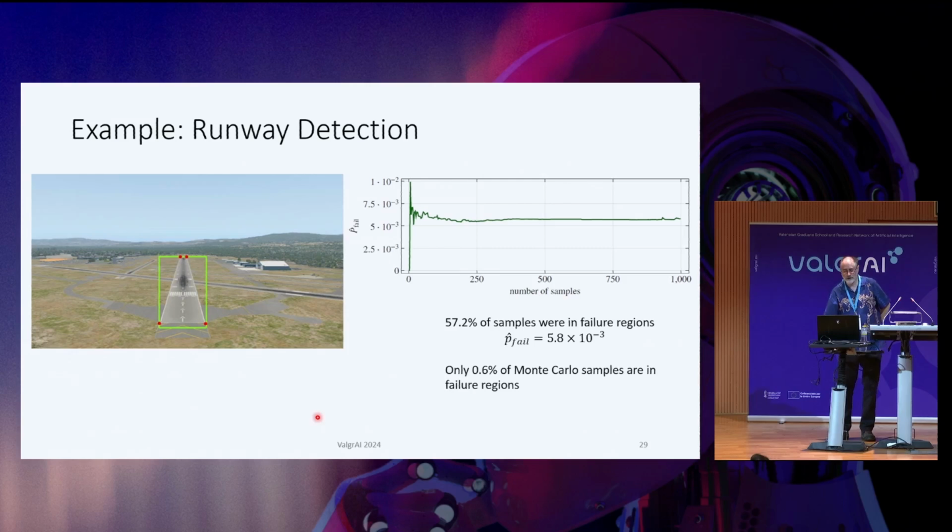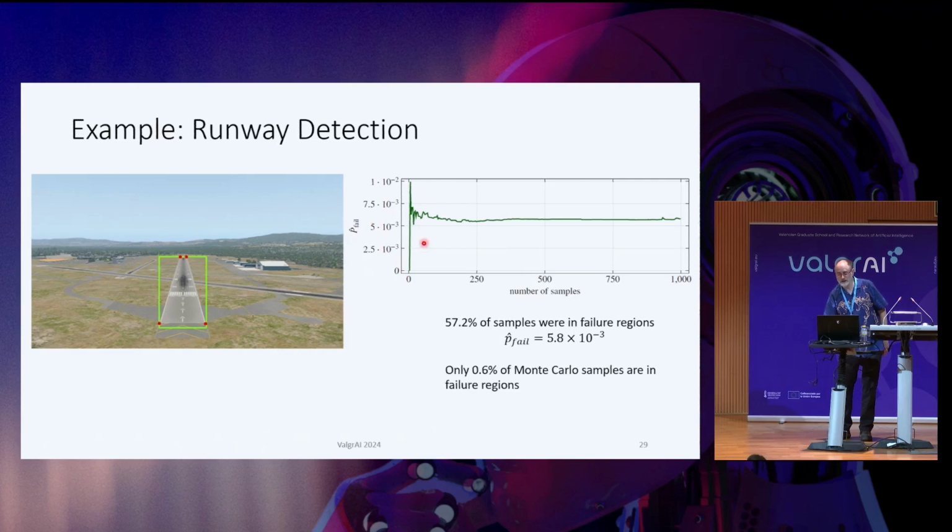And so the demonstration task that they use is imagine trying to visually detect the runway that the plane is supposed to land on, and in particular to find these 4 corners, these red dots here. And so they show here's the number of samples that they're drawing using this proposal distribution, and this is the estimate of the probability of failure.